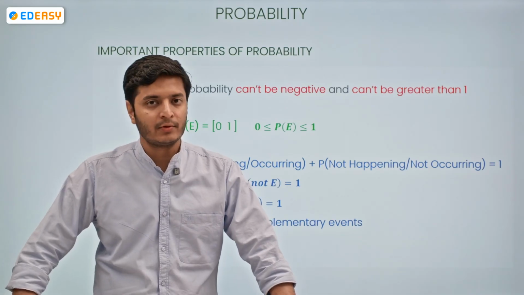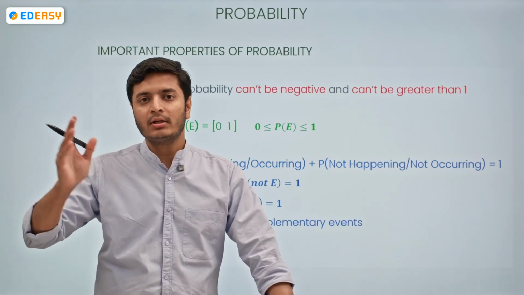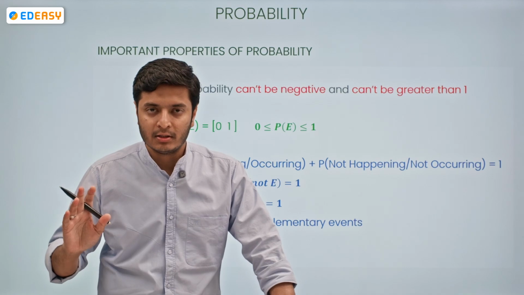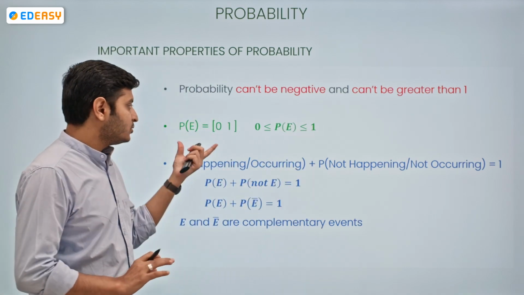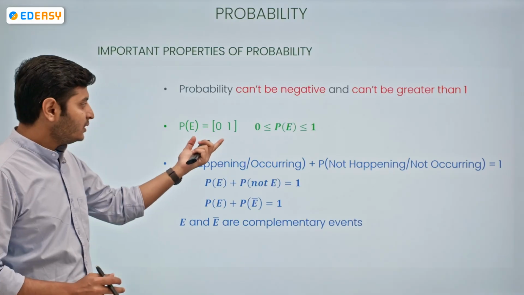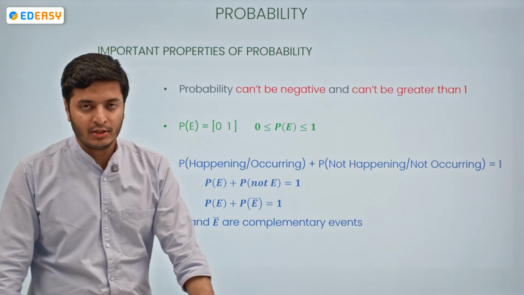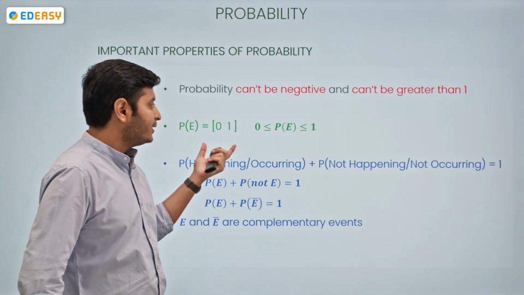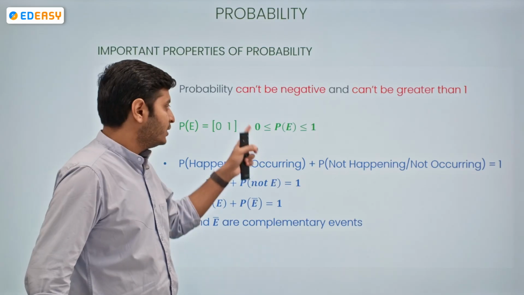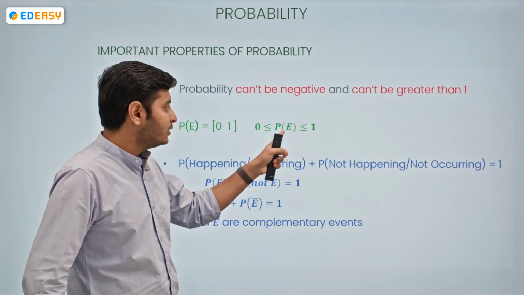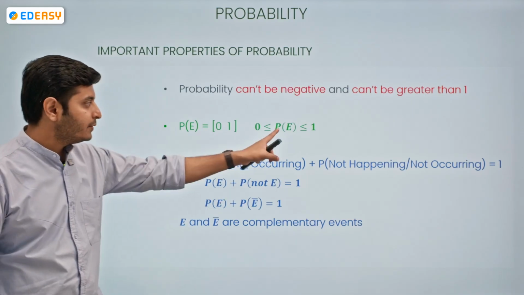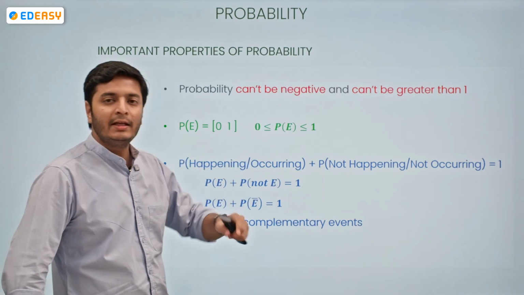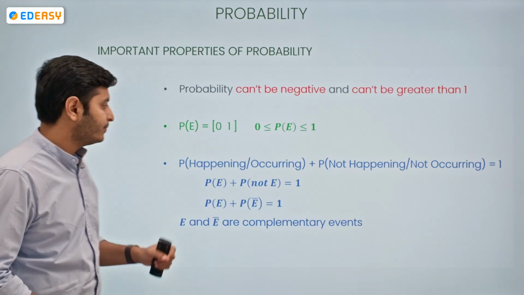It is going to happen for sure, and the probability of that event would be 1. So the probability of any event can never be greater than 1. So P of E is between 0 and 1. You can write it in this way also, that 0 is less than or equal to P of E, which is less than or equal to 1. So P of E lies between 0 and 1, including both values 0 and 1.